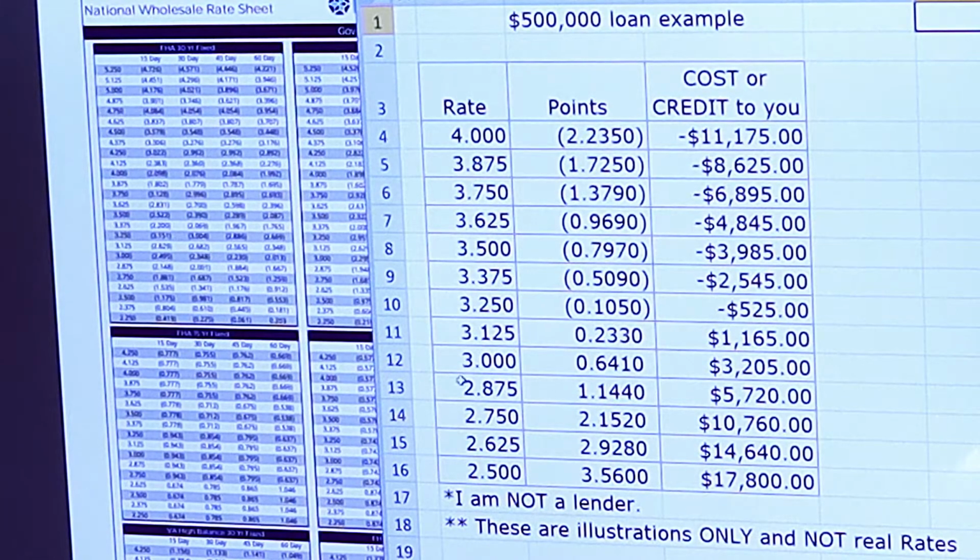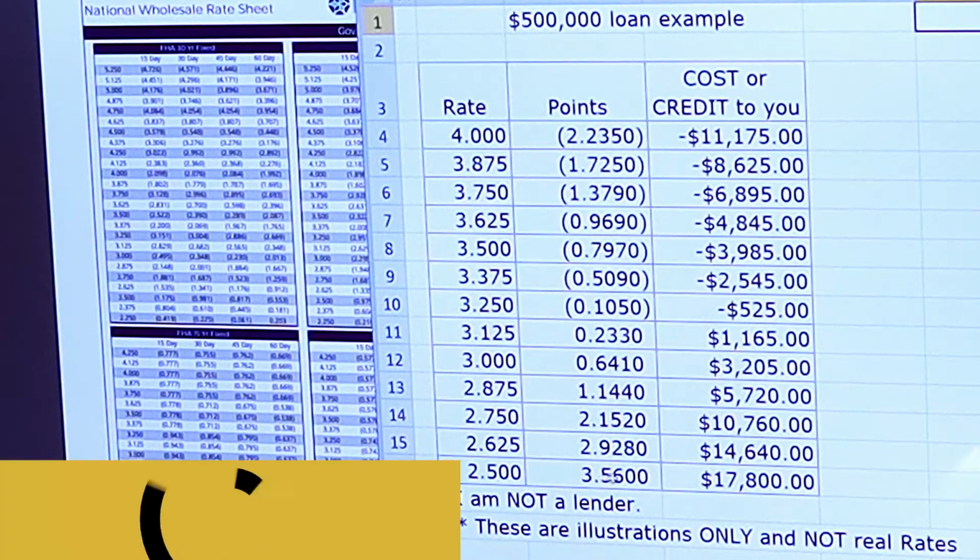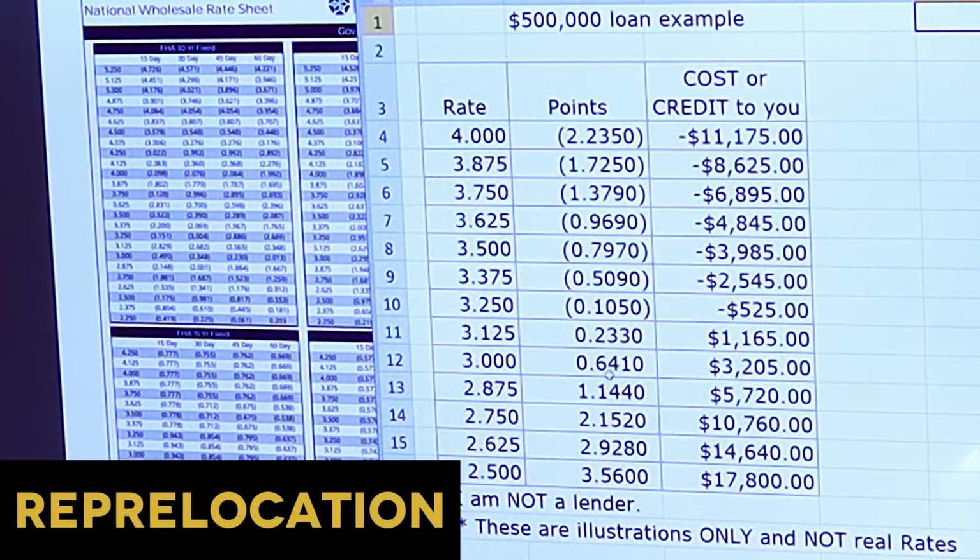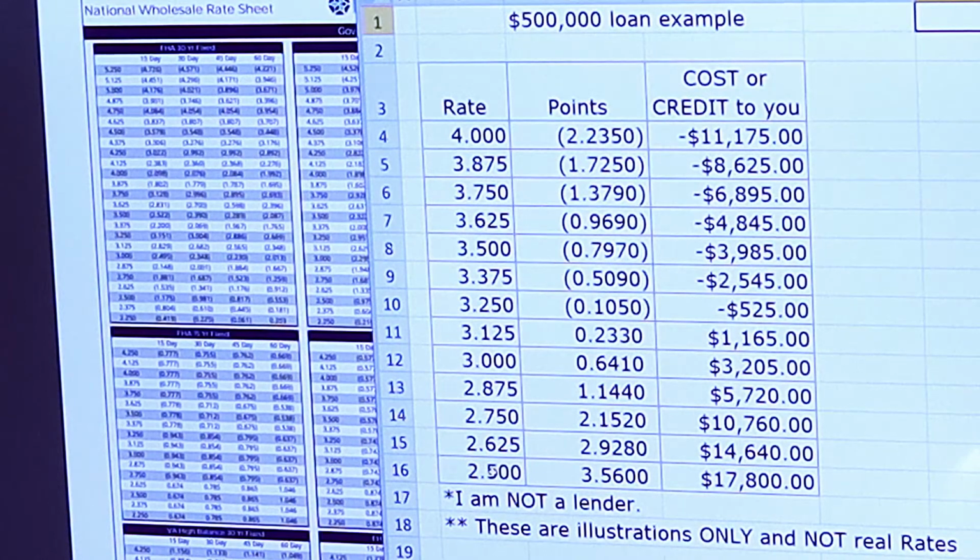As I said before, if you want to get this lower rate, there's a higher cost. I've taken the rate sheet here that shows you how many points it costs to get this particular rate. In this case, to get a rate of 2.5 today, this sample says it would cost you 3.56 points.